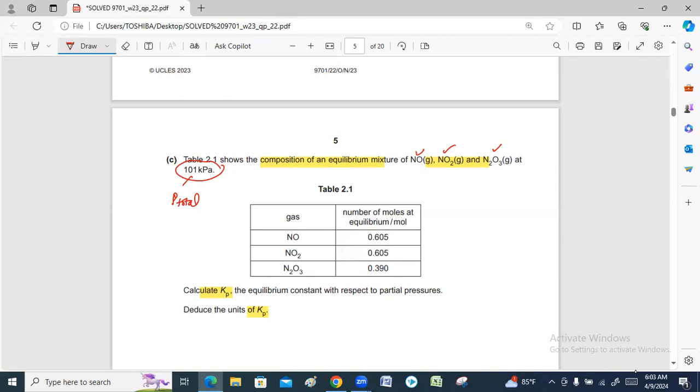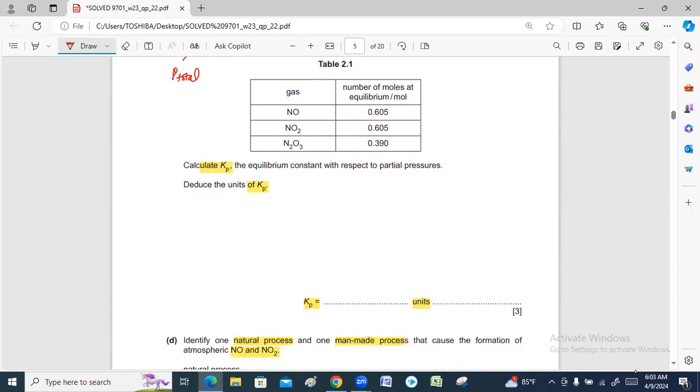Calculate Kp. The Kp expression is the partial pressure of the products over the partial pressure of the reactants. This is the product, and these are the two reactants. So partial pressure of N2O3 over partial pressure of NO times partial pressure of NO2.